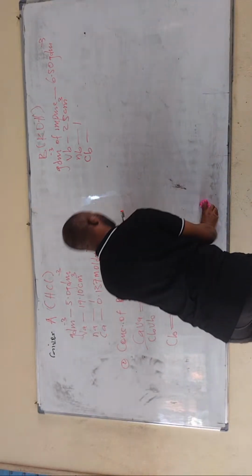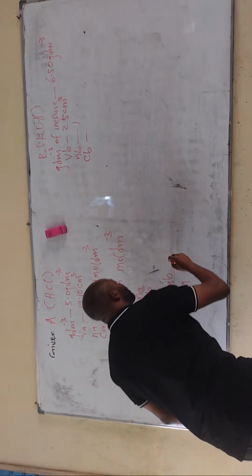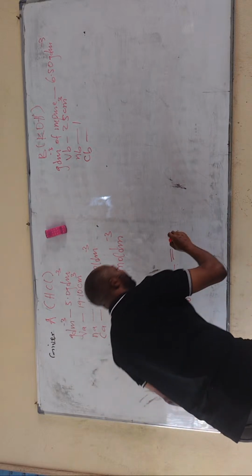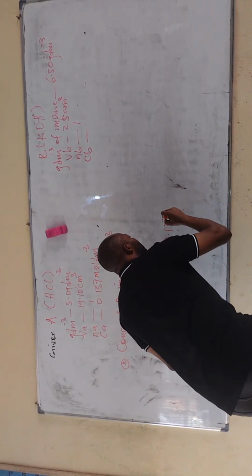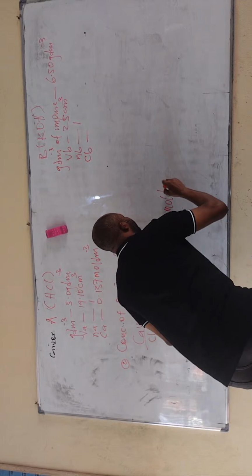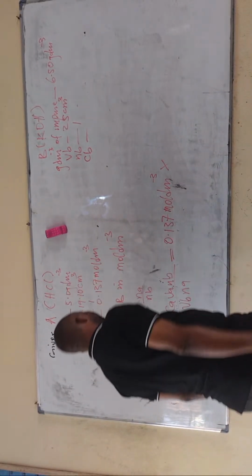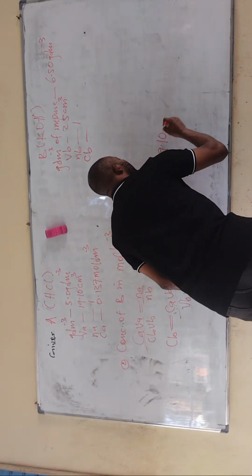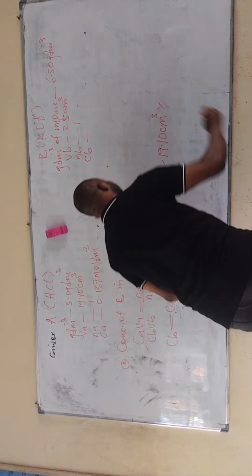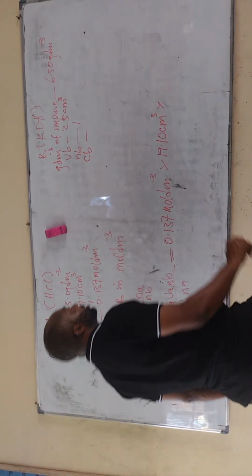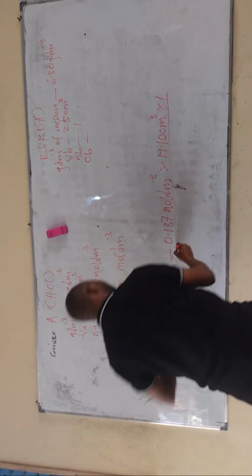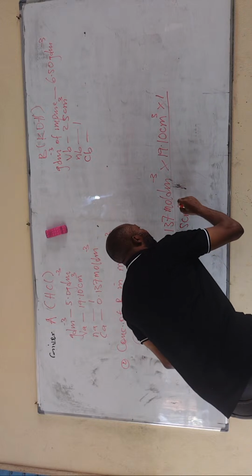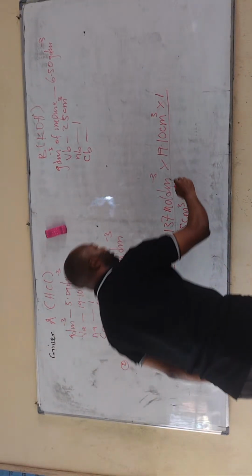Substituting the variables: concentration of the acid is 0.137 mole per dm cube, volume of the acid is 19.10 cm cube, number of moles of the base is 1, all over volume of the base, 25 cm cube, times number of moles of the acid, which is 1.